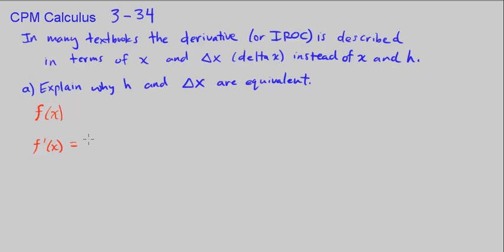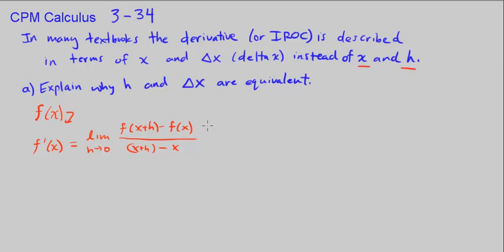We know it's going to be the limit as h goes to 0 of f of x plus h minus f of x divided by x plus h minus x. So this is our derivative using h and x.